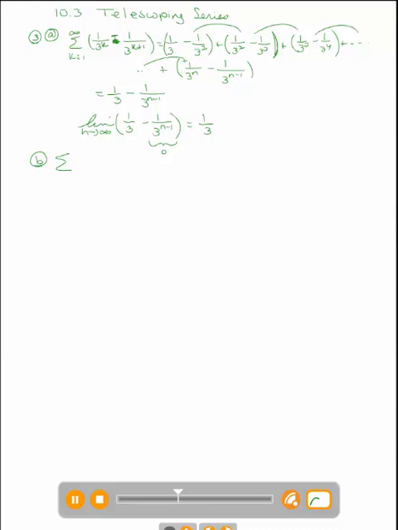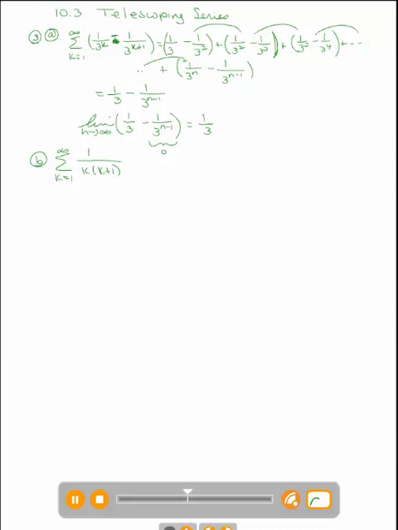So let's look at this next one: the sum from k equals 1 to infinity of 1 over k times k plus 1. The trick on this one is to use partial sums, because if you just write down the terms, you're not going to see what's happening. You're going to have 1 over 2, and then 1 over 6, and so you're not going to see it canceling out.